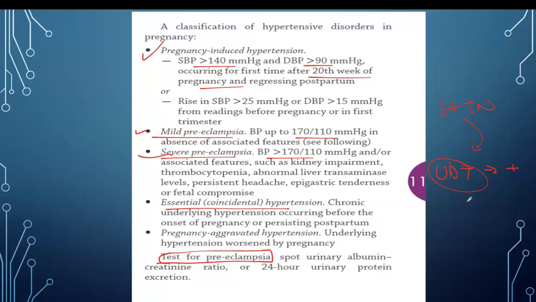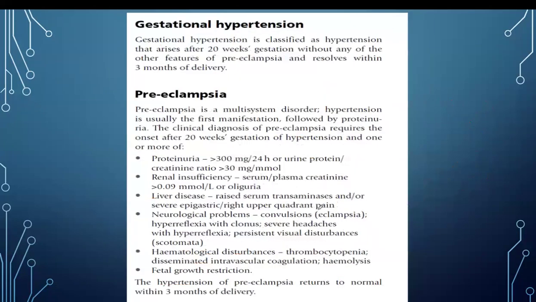To confirm the proteinuria, the test that you would do is called urinary albumin-creatinine ratio. So albumin-creatinine ratio is the most appropriate test for proteinuria. If that is not in the options, then you can do the 24-hour urinary protein. Either of these two will be fine to check for proteinuria.